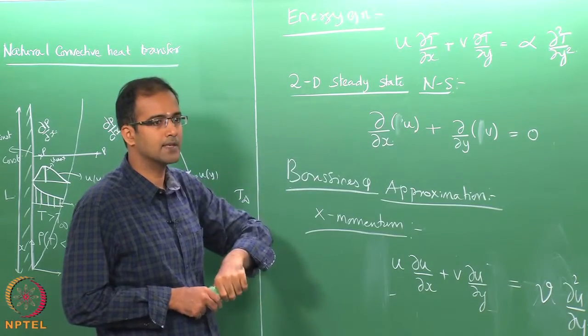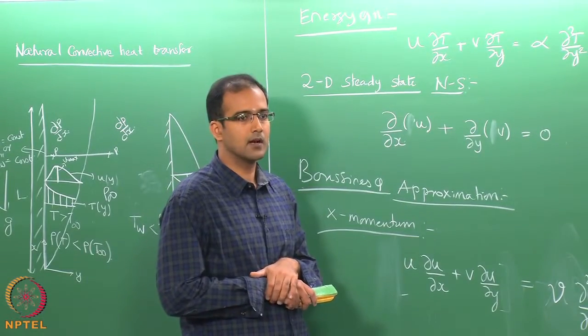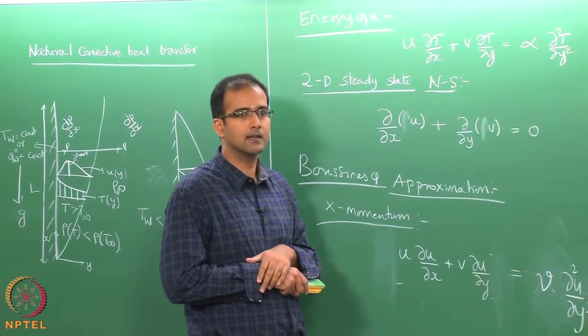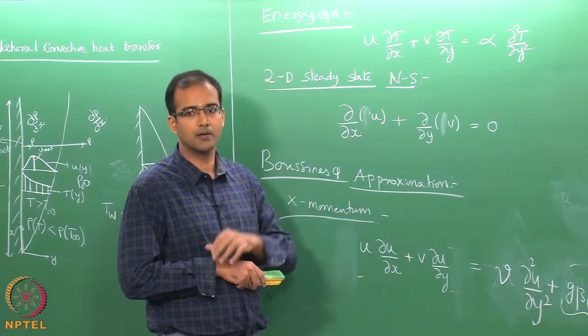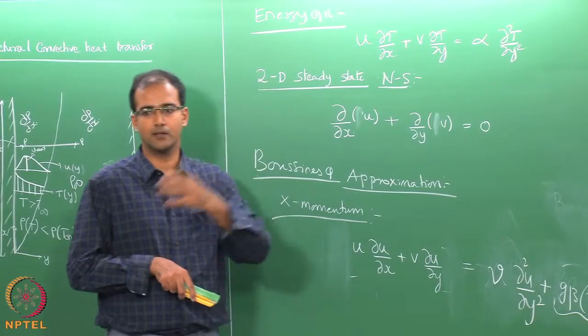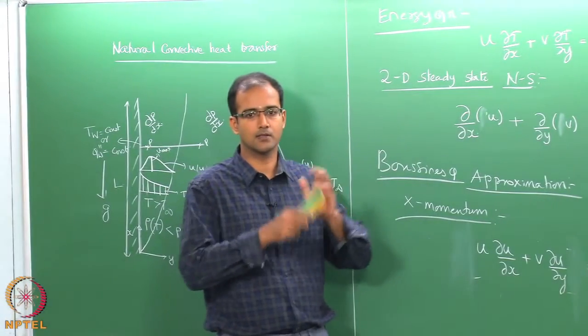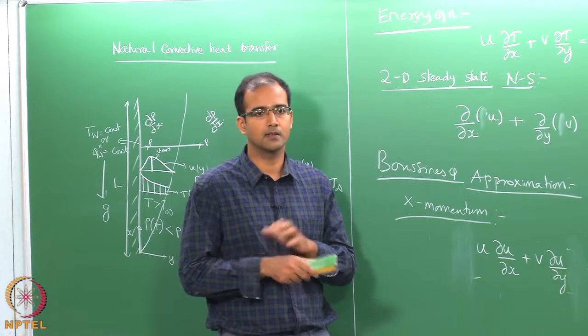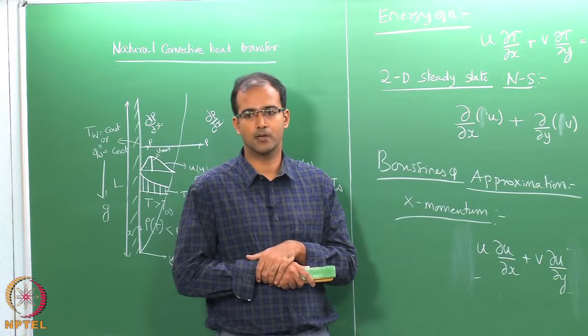Now, the major difference is the inclusion of the buoyancy term into the momentum equation. So, you can see that unlike the other case where you solve the momentum equation first and get the velocity profile, this is how Blasius did. First Blasius solved the hydrodynamic part, he got the velocity profile, then Pohlhausen used that and solved the energy equation.